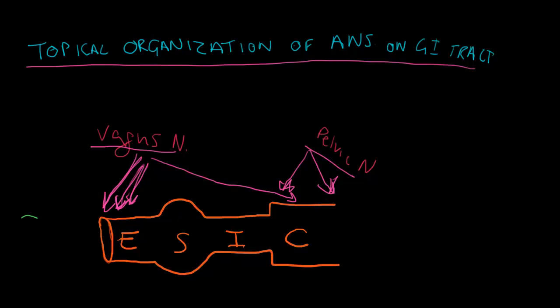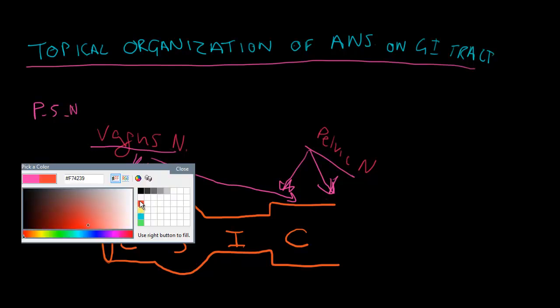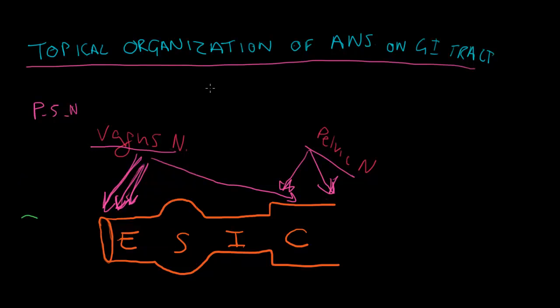So these are the two parasympathetic nerves. Now let's talk about sympathetic. Sympathetic nerves innervate equally throughout. They're equal. They innervate everything from the esophagus to the colon.